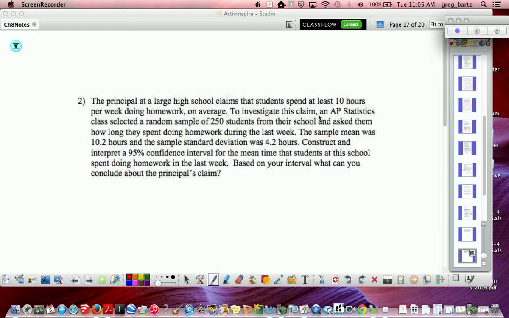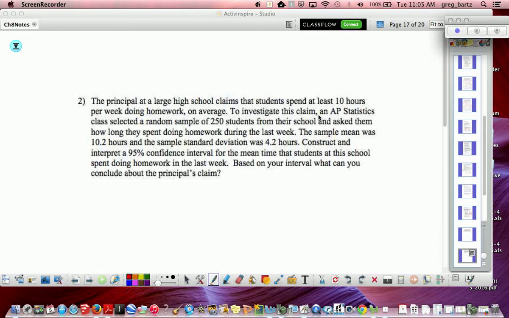Let's take a look at this question here. It says the principal at a large high school claims that students spend at least 10 hours per week doing homework on average. To investigate this claim, an AP Stats class selected a random sample of 250 students from their school and asked them how long they spent doing homework during the last week.